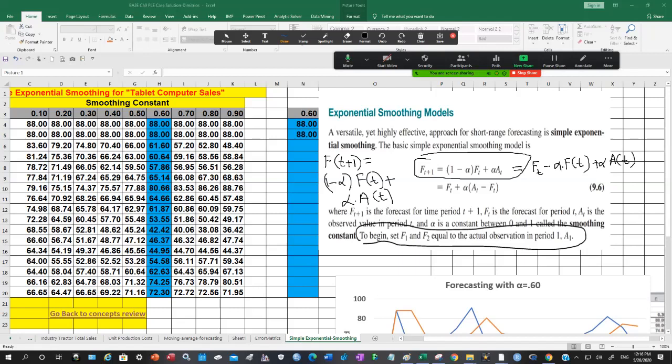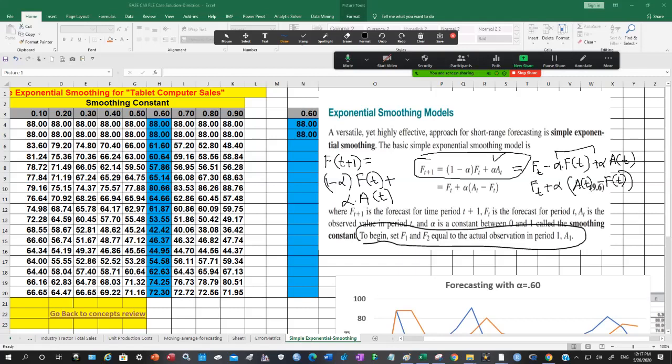So if we group, this can be F of t plus, pulling out the alpha in these two as a common factor, alpha times the actual at period t minus the forecast value at period t.